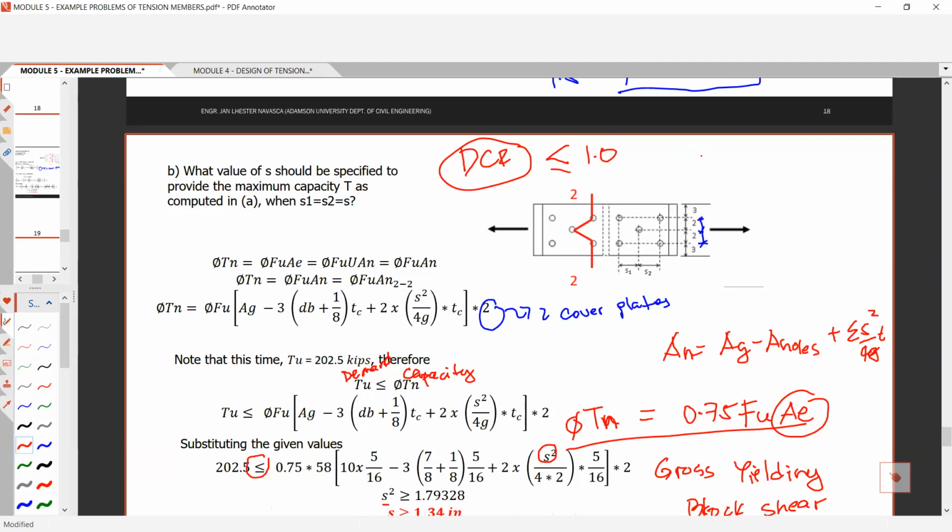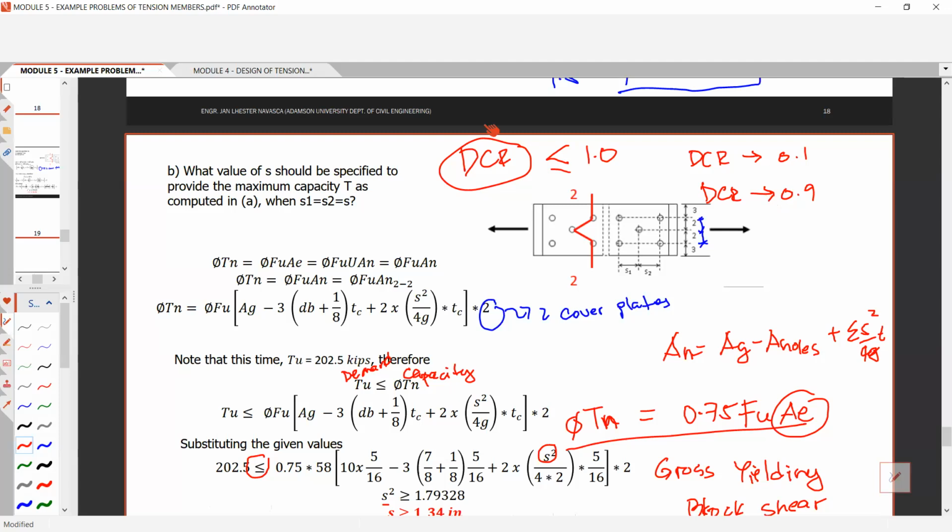Okay, so kunwari, for example, you have two designs. Your DCR for your first design or your preliminary design is, let's say for your column, 0.1. Then your next design DCR for your column is, let's say, 0.9. So which one will you choose? Are you going to choose DCR of 0.1 or DCR of 0.9?